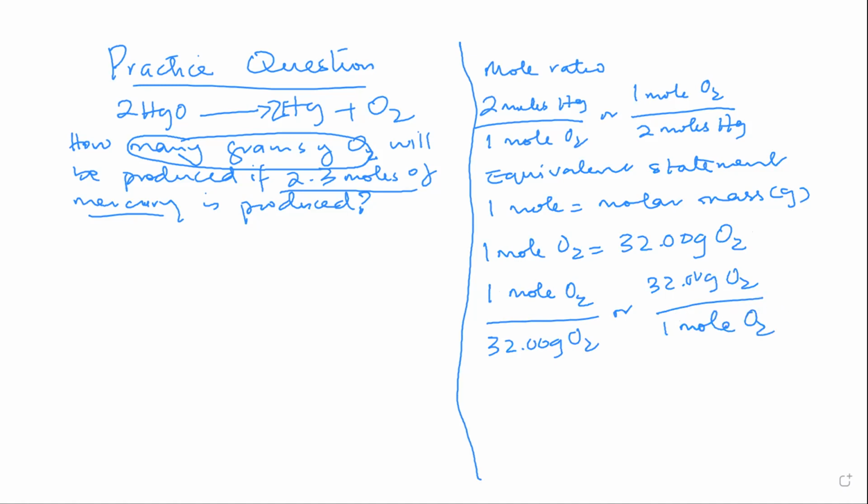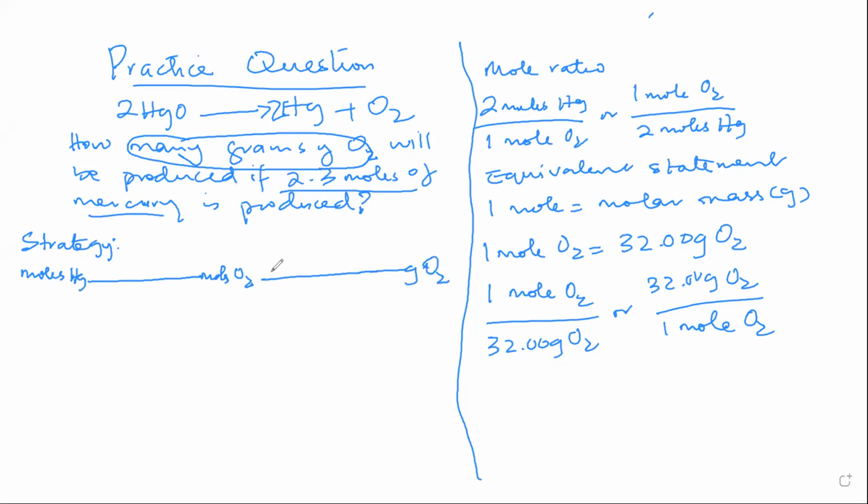Okay, now we have a strategy. The strategy will be, we are going from moles of mercury to moles of oxygen to grams of oxygen.